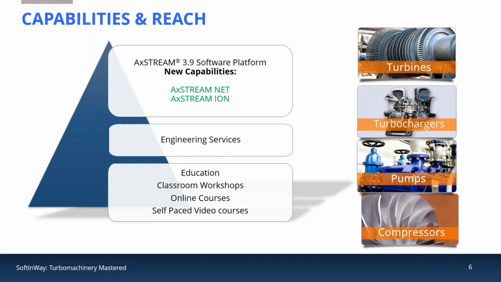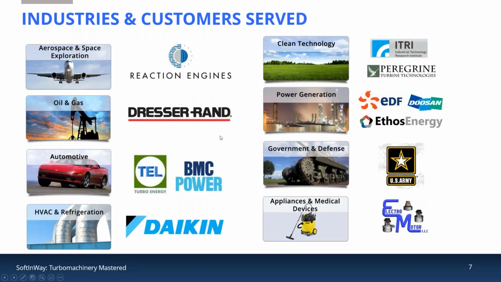So online training, self-paced video courses, as well as customized private trainings. For the most part, our customer base falls into 8 different industries, everything from aerospace and space exploration to automotive to HVAC and refrigeration to power generation. Effectively, if it is an industry which has a turbo machine in it, we're working with clients in that area.